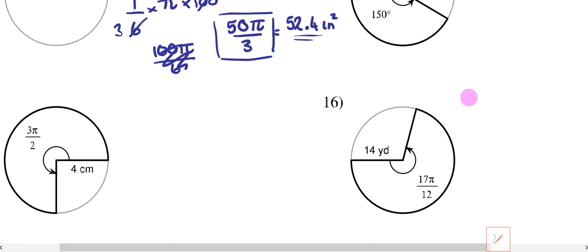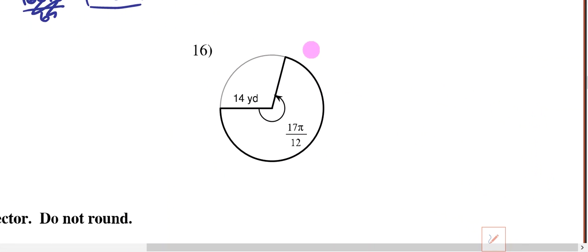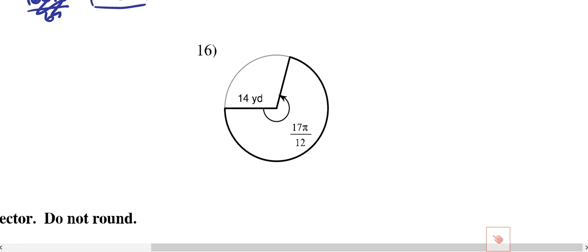This one, should we do number 16? Because it's got some yucky numbers. Right, 17 pi over 12. So this time we've got 17 pi over 12 out of 2 pi, so that's going to be over 24 pi times pi times 14 squared.